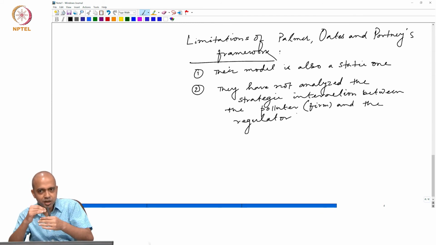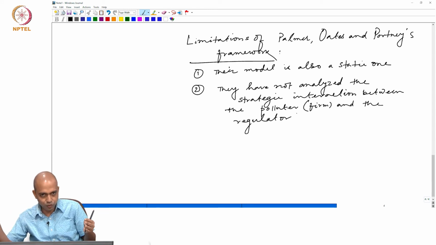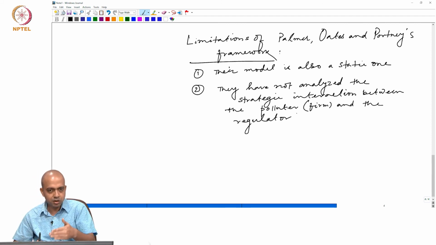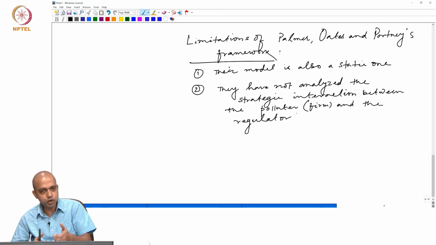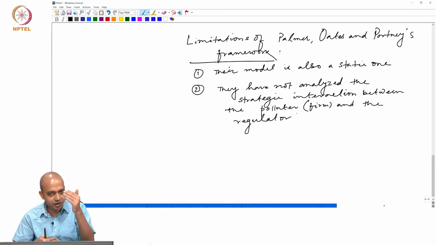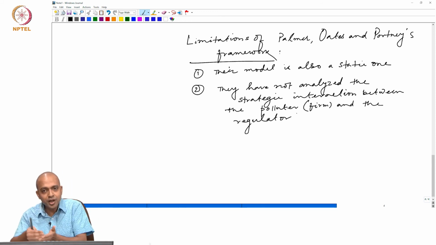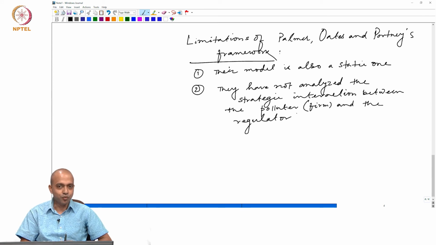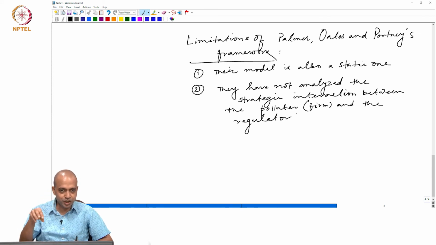So, that means in a repeated time framework, in a game theoretic framework, a multiple shot game, in a dynamic game actually, it is possible to analyze such strategic interaction between the polluter and the regulator, and also between the regulator of one country and the regulator of another country. Once the regulator imposes regulation in India, how the regulators in China, Pakistan, US and other countries will behave.